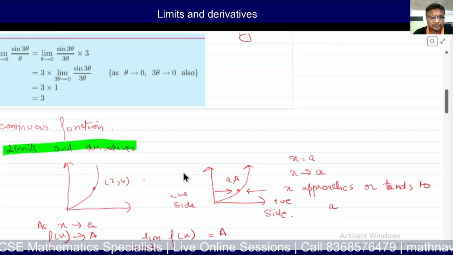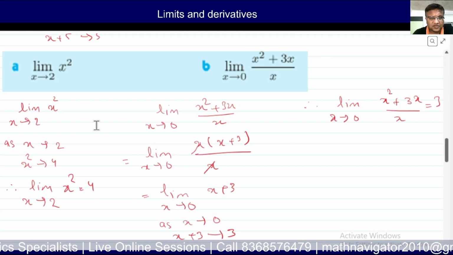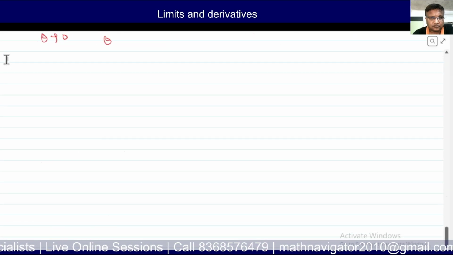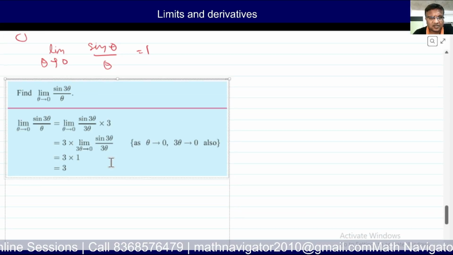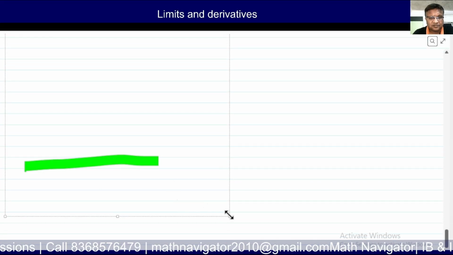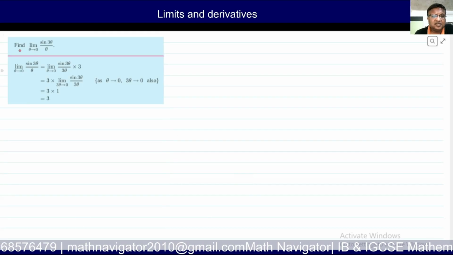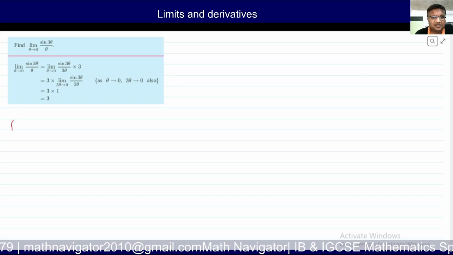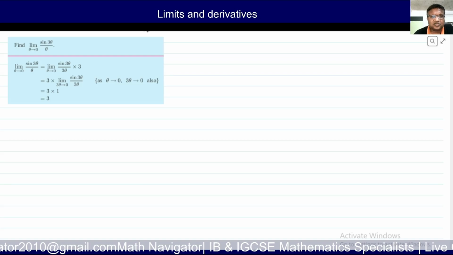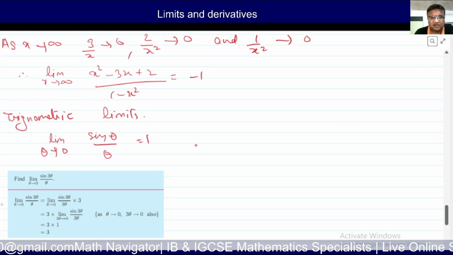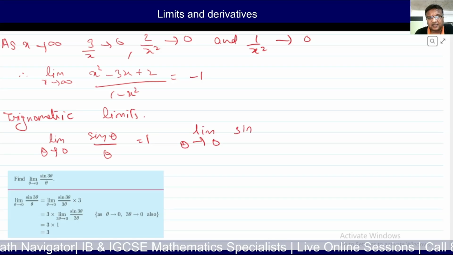Let's take this question. Find the limit of theta tends to 0, sine 3 theta by theta.